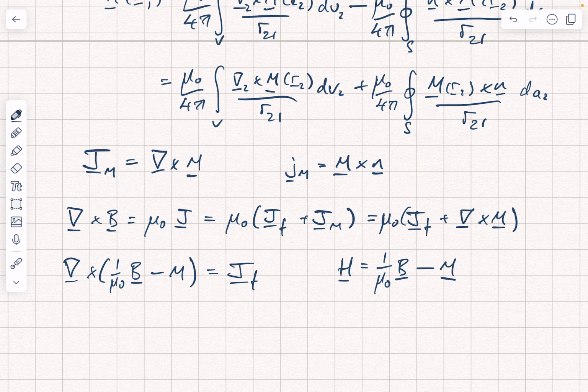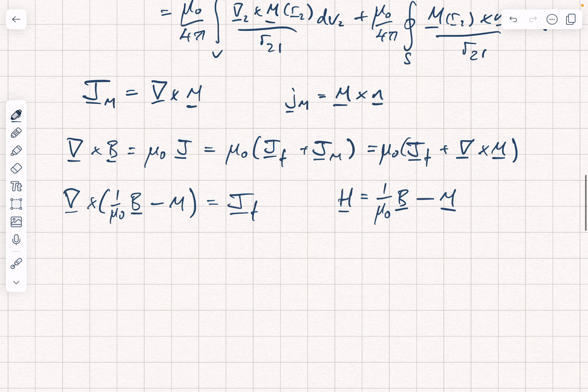So in terms of experiments, if we have a coil of wire and we're putting a current through that coil of wire, that is the free current density. That's what we're imposing from the outside. The magnetization current densities are what would be induced. So H is going to be similarly useful to D. So we have curl of H is equal to J free.